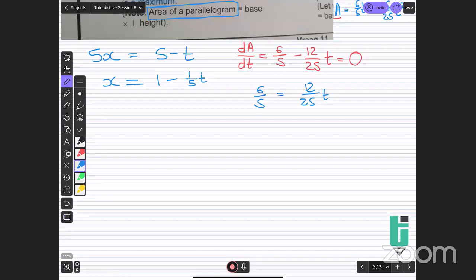Then what do you do? Divide by 12 over 25 on both sides. We get 5 over 2. Yes, correct. So t is 5 over 2.